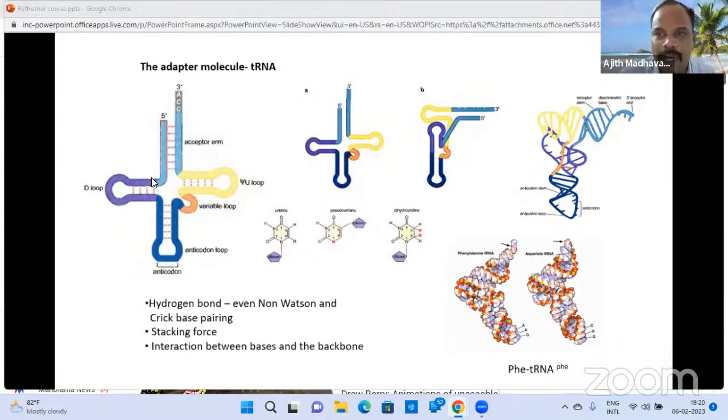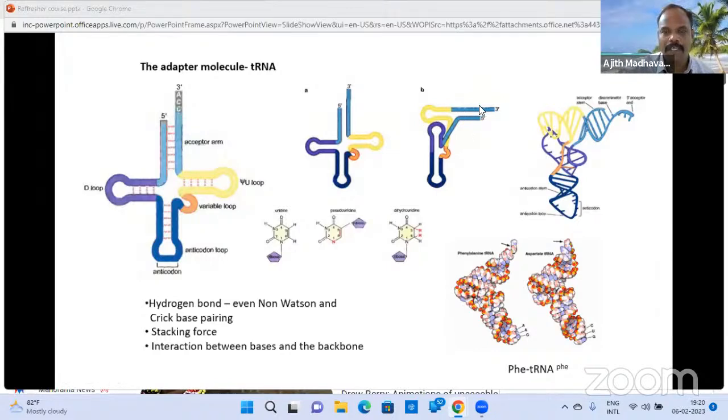But what you need to understand is this structure is not functional. It has to assume a tertiary structure to become functional. What is the tertiary structure? I'm not dwelling deep into it. It rearranges and forms a structure like this.